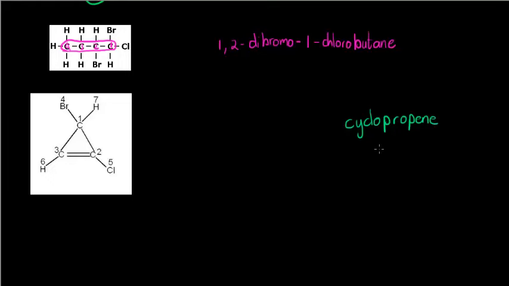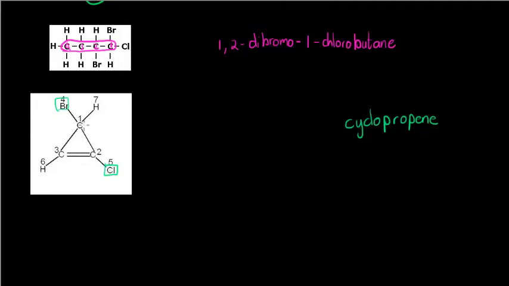Now, usually in cycloalkenes, we don't need to number the carbons, because you can really start anywhere, but in this case we do need to number the carbons because of the halogens in there. We need to indicate which carbons get the halogens. Now I'll number giving the halogens preeminence above the propene.